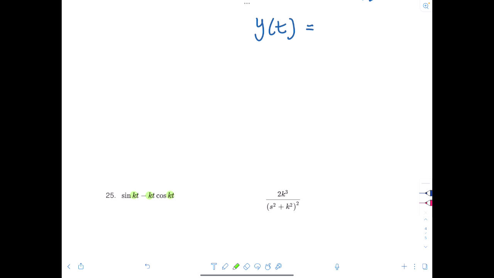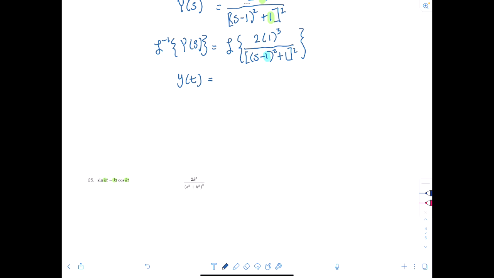Okay, and then we'll have e to the 1t because of that shift of 1 to the right from the blue one. And then times sine at kt, so sine at 1t, minus 1t cosine 1t.